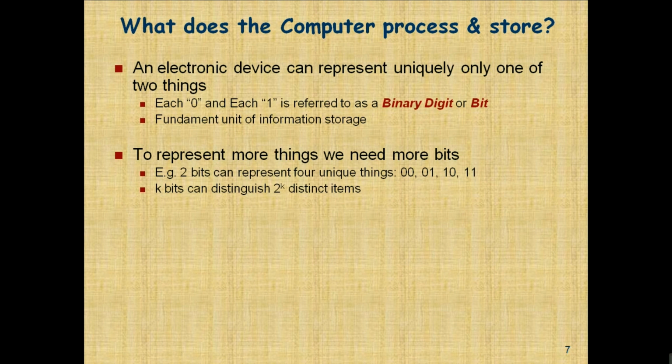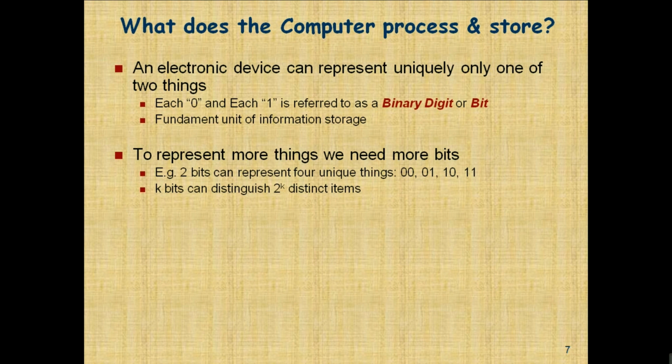If we have 3 bits, then how many combinations can we generate? 000, 001, 010, and so on, up to 111 as the final one. So we can generate 8 different combinations, right?